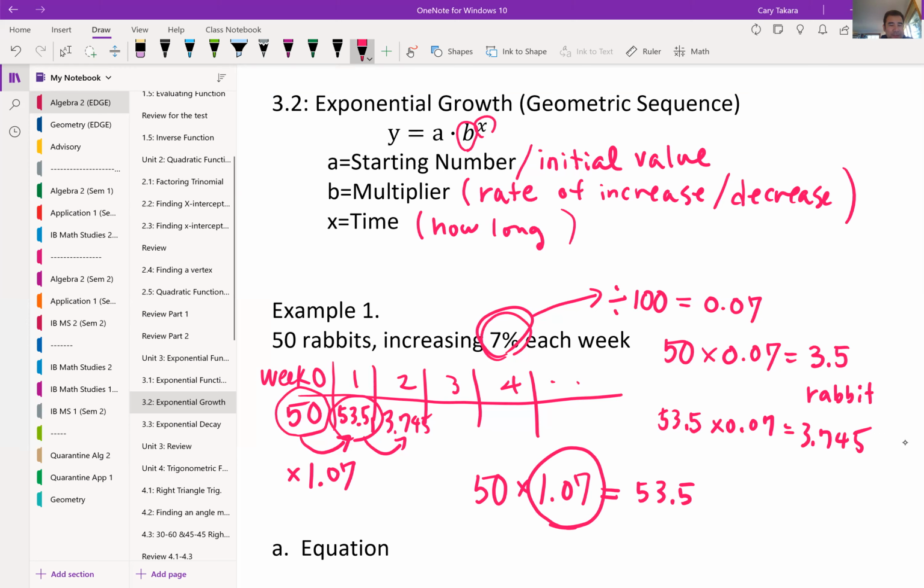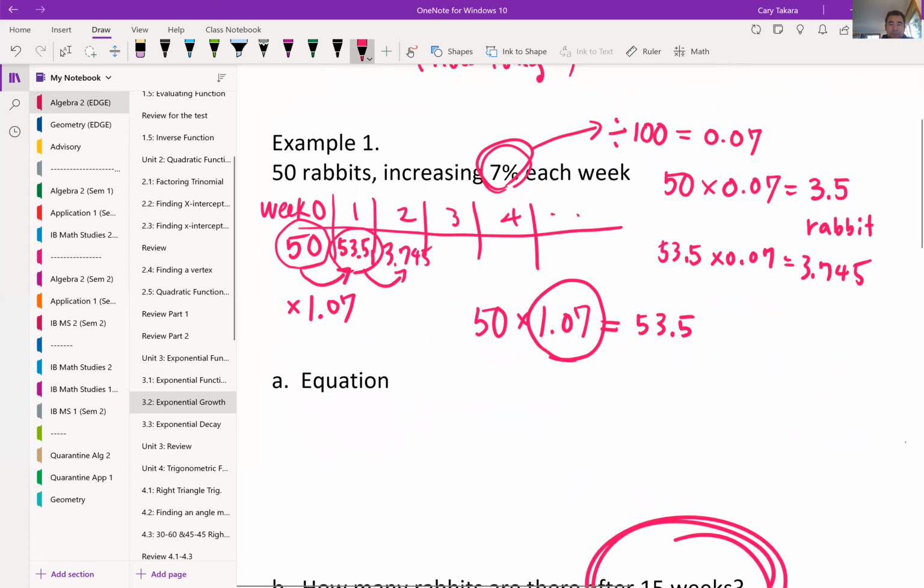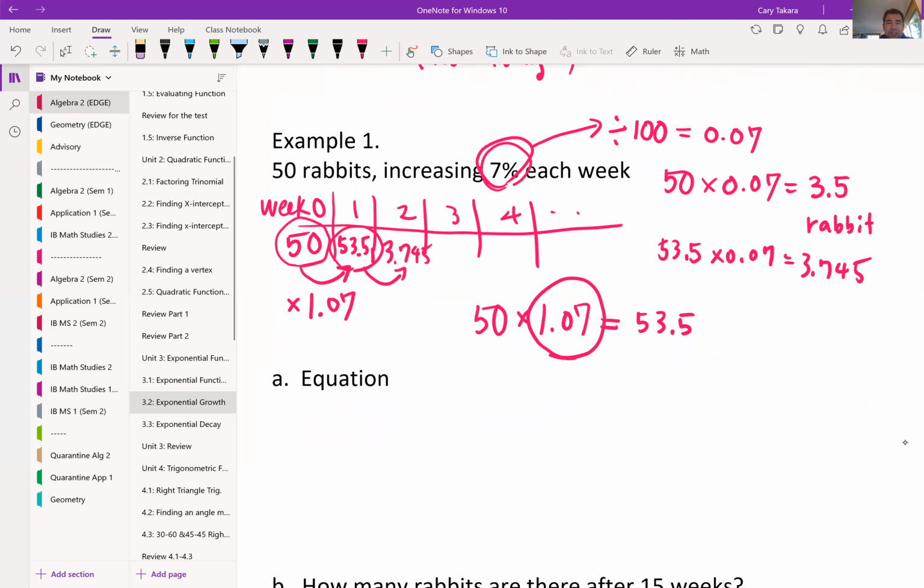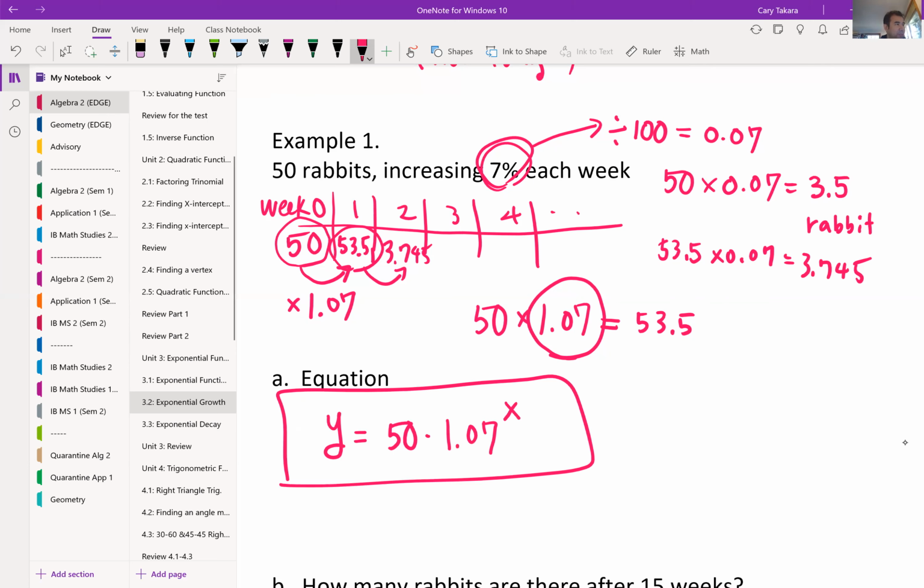Okay. So to express the equation, it's going to be y equals 50, that's the initial value, times 1.07, that's the multiplier, to the x power. And that will be the equation.